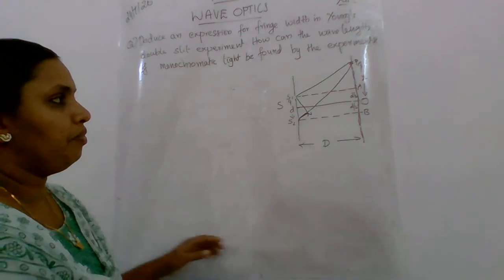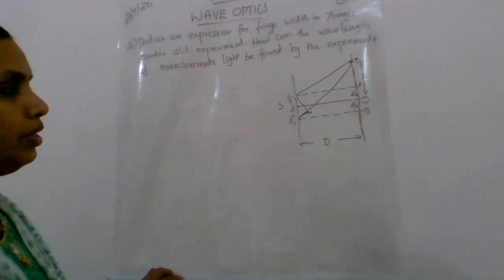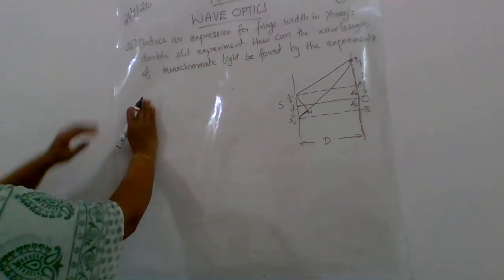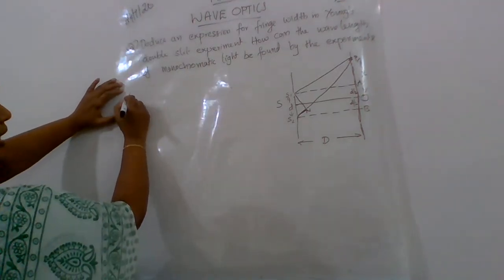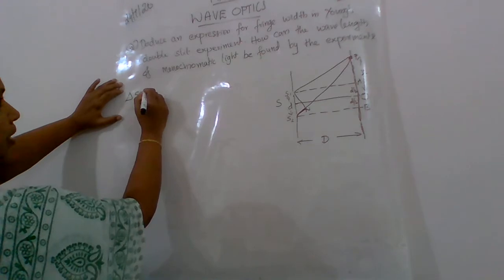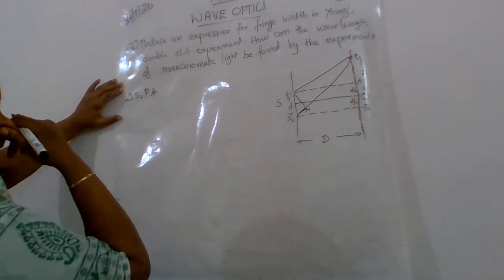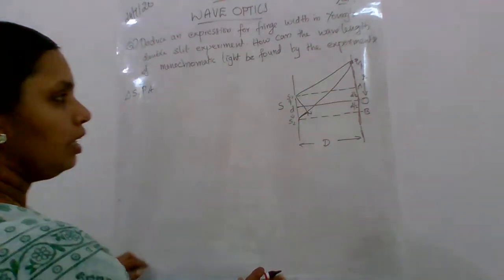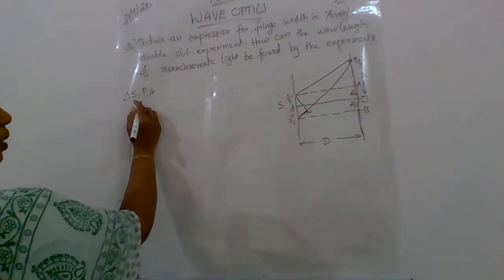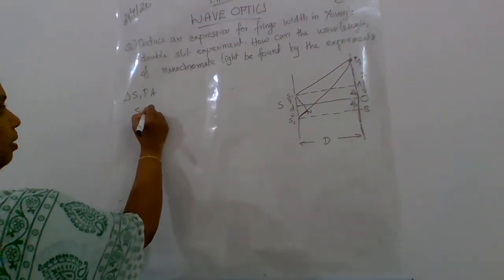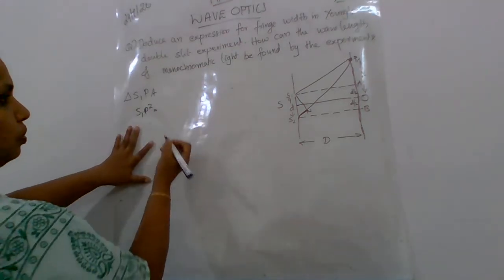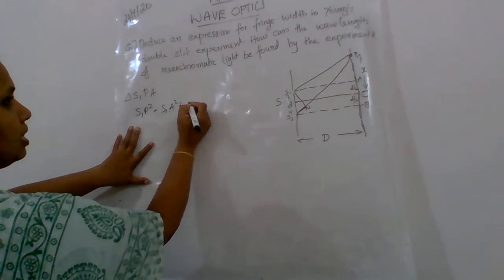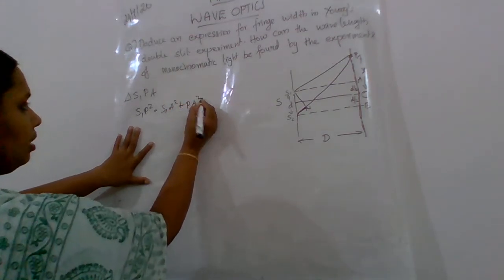Look at the diagram. From the diagram you can see two right angle triangles. The first triangle I am considering is triangle S1PA, a right angle triangle. So I can write S1P square is equal to S1A square plus PA square.